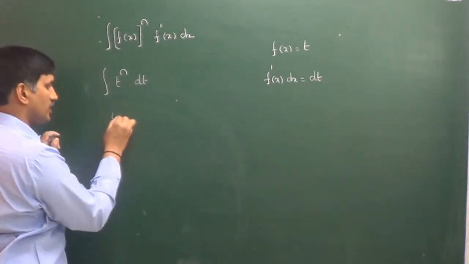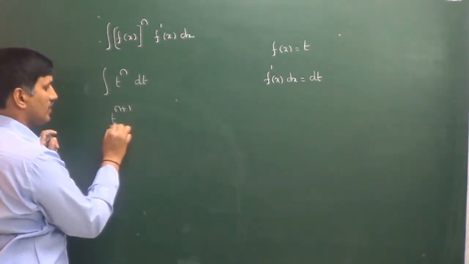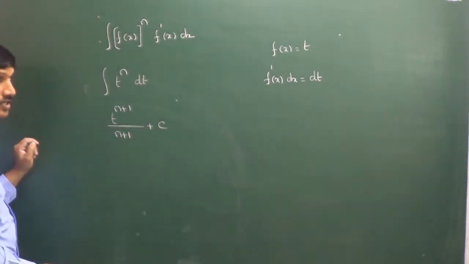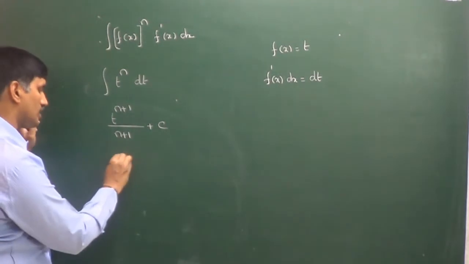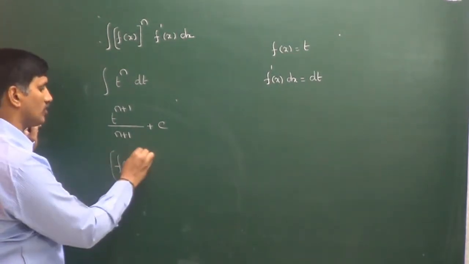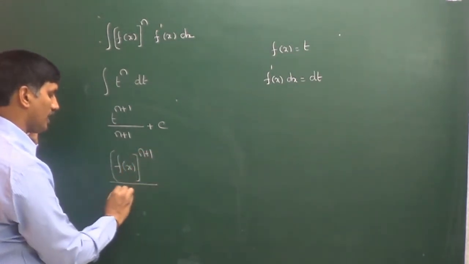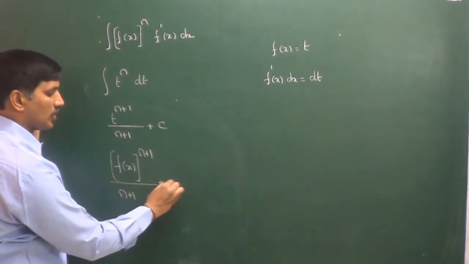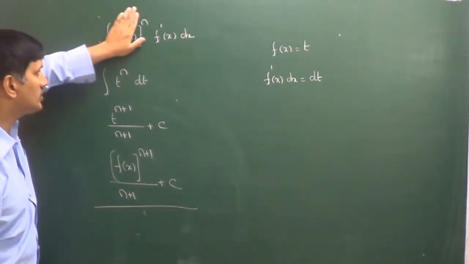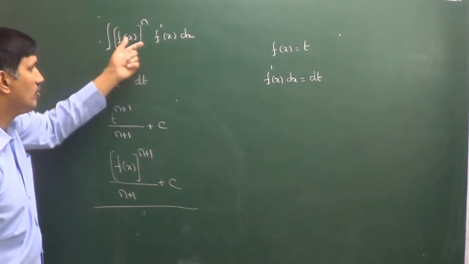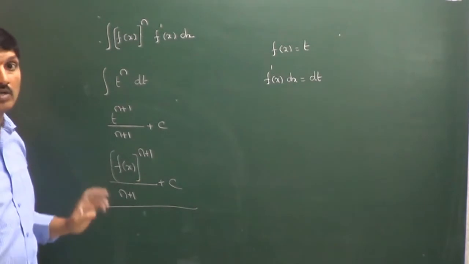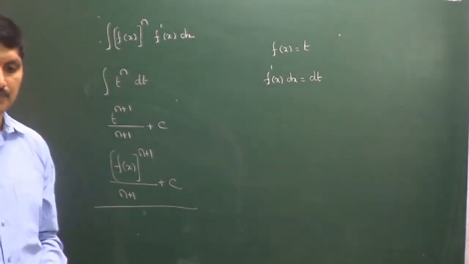Now t power n integration is t power n plus 1 divided by n plus 1 plus the constant of integration. What is t? T is nothing but f of x. So the answer is f of x whole to the power of n plus 1 divided by n plus 1 plus the constant of integration. F of x whole power n, its differentiation is there outside.